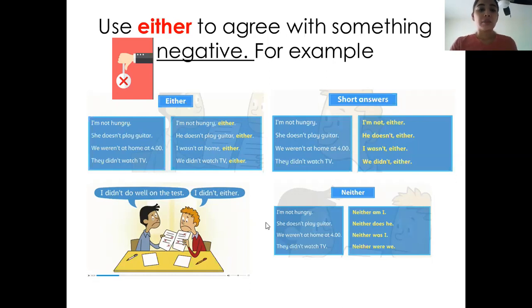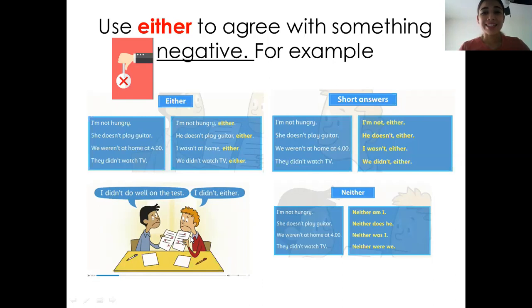Let's see the example from this picture. Okay, they are in trouble. I mean, they had a problem because the boy in blue says, I didn't do well on the test. And what about the other boy? Look at his face.